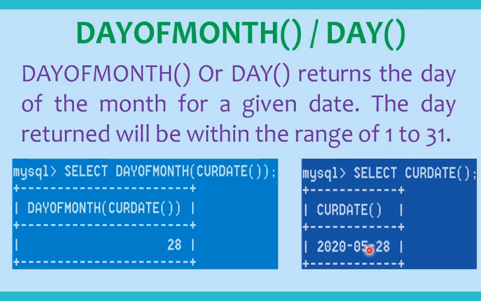Day is 28th. So the day of month function extracts the day, that is 28, from the current date. Here the output of this function becomes the input for this function, and it gets the day from this, that is 28. Day of month function returns the day of the month.